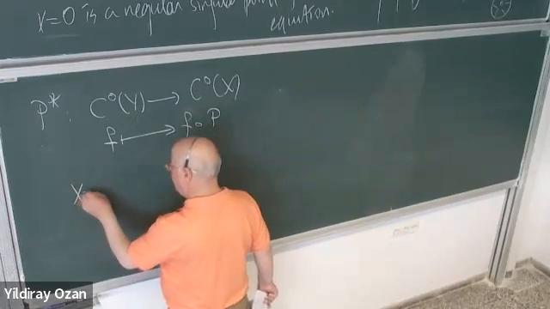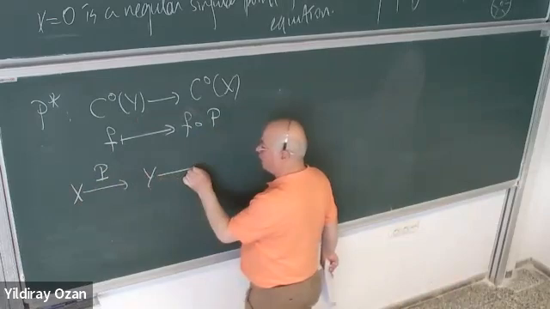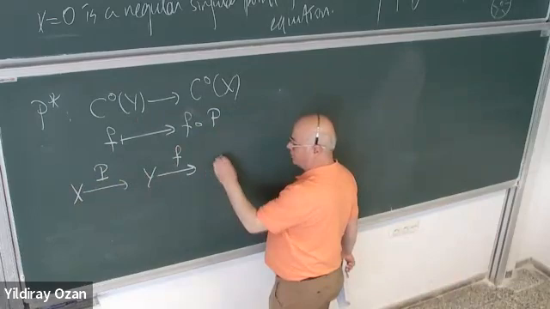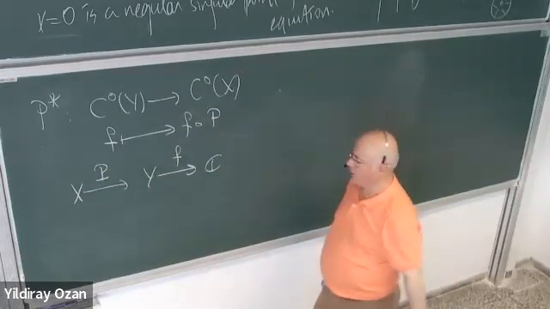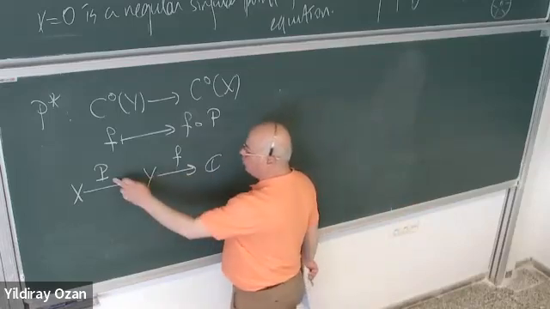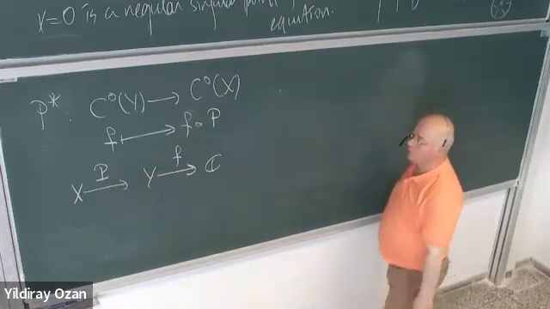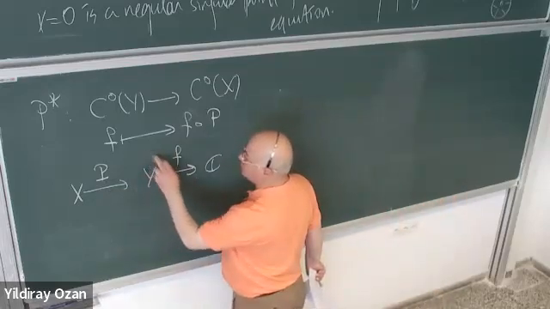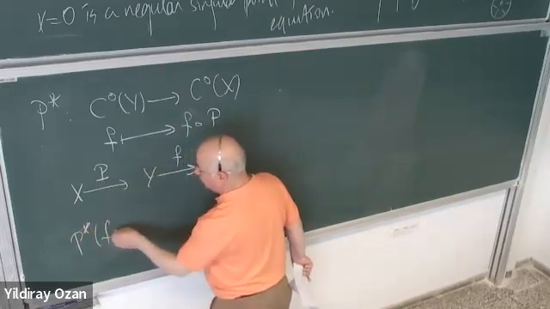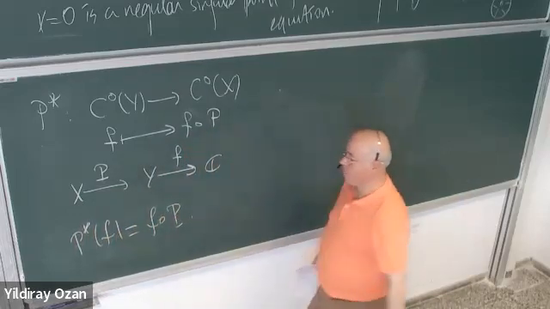So here I have X and I have P, Y, and we have a function F to, let's say, complex numbers or real numbers. Whenever I am given a function on Y, I can just compose it with P and obtain a function on X. So P star F is just F composition P, okay?